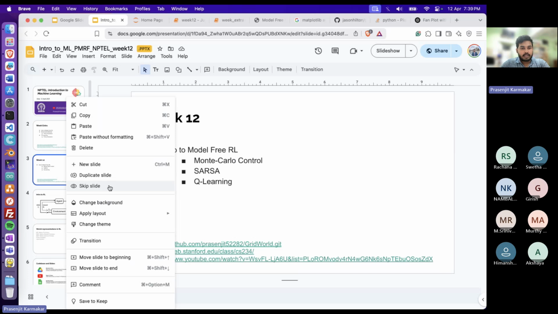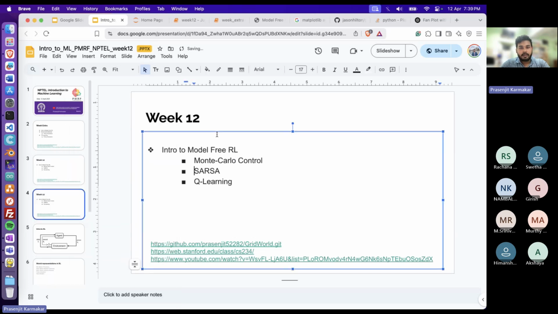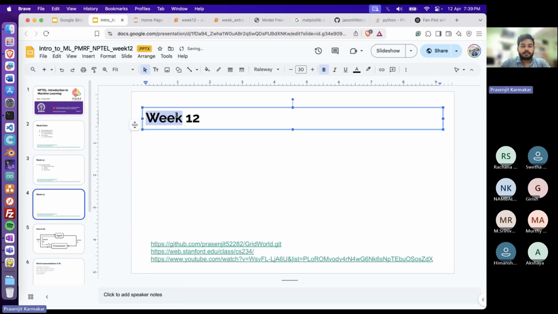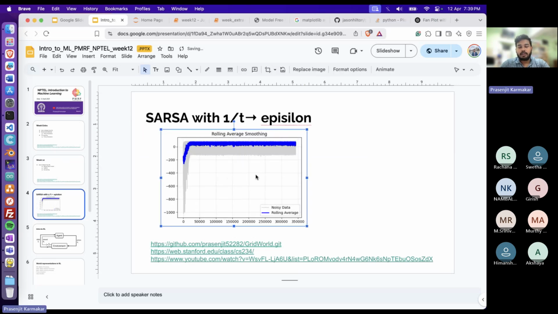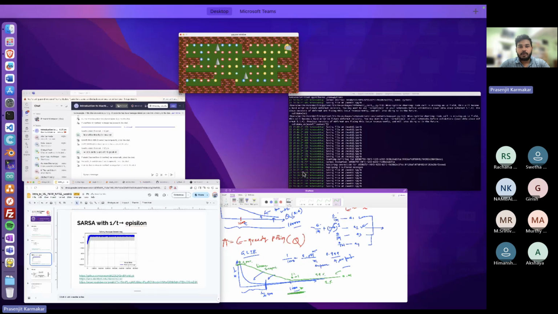Slide. So this is SARSA with 1 over t as epsilon, right? And my learning graph is this. And what is my emergent policy?